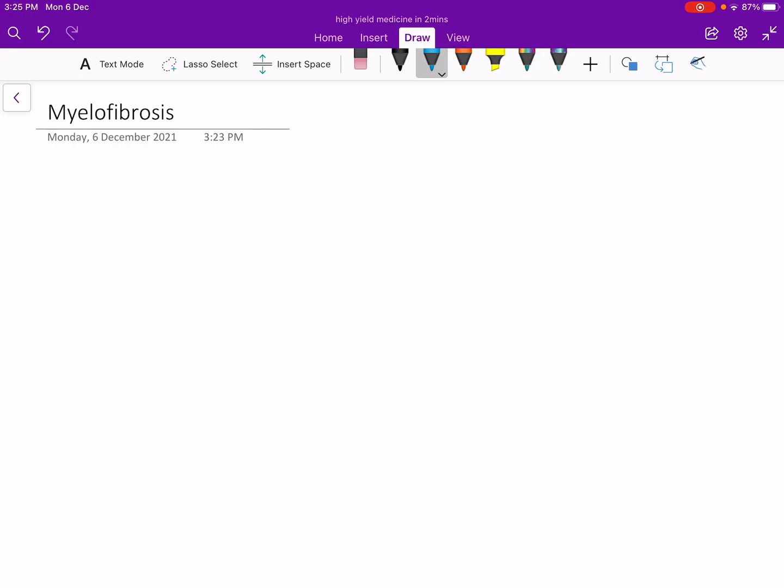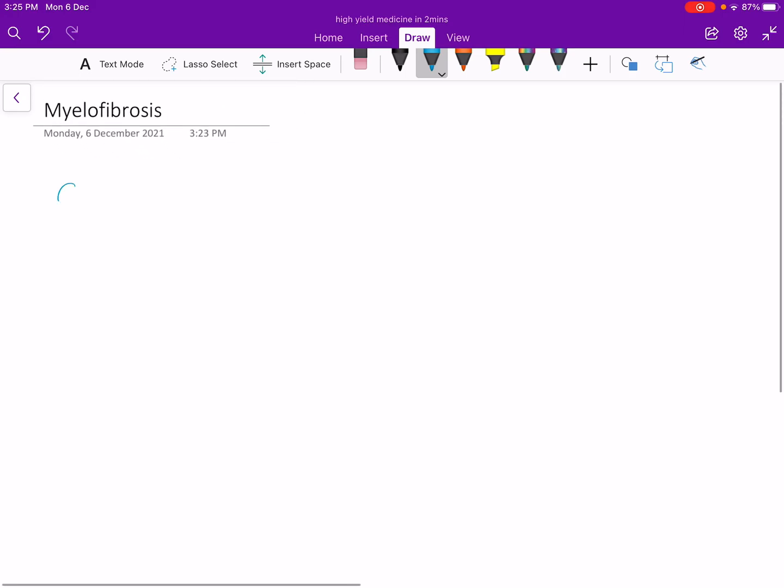So first we'll be talking about myelofibrosis today, and let's go to the pathogenesis of myelofibrosis. The basic thing that happens in myelofibrosis, the story starts with atypical megakaryocytes, or clonal proliferation of megakaryocytes.